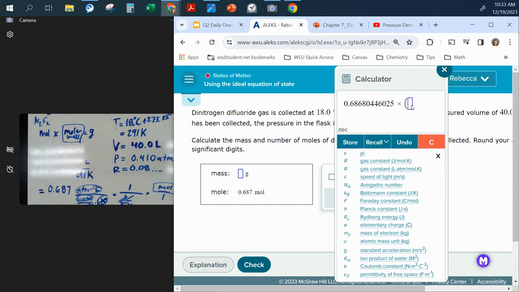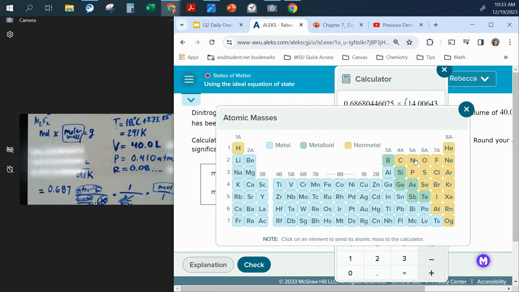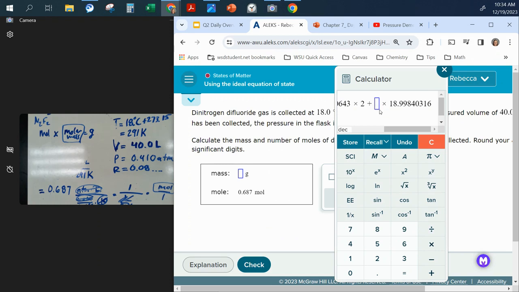So this times 2 nitrogens plus 2 fluorines. So this is my molar mass right here, and that's going to be multiplied by my number of moles, and that will tell me the mass.